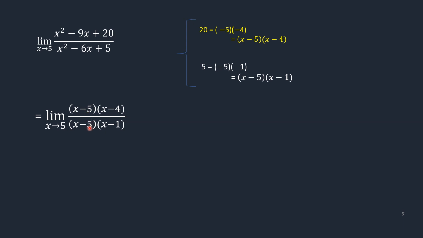Therefore, we can cancel factor x minus 5 from numerator and denominator, and we are left with the limit of x minus 4 over x minus 1. This limit we can solve by direct substitution. So in place of x, we will put x equals 5, and the limit becomes 5 minus 4 divided by 5 minus 1, which will be 1 over 4.